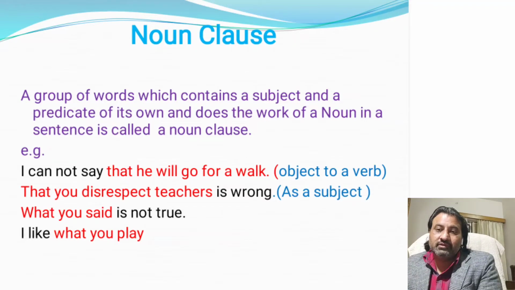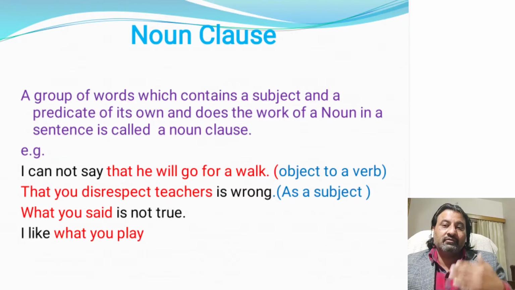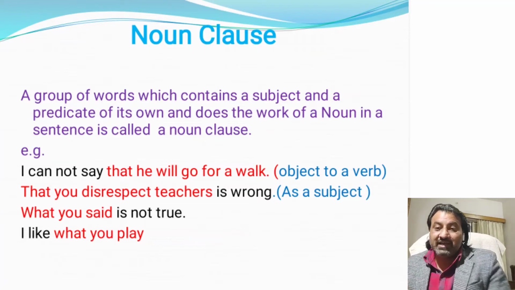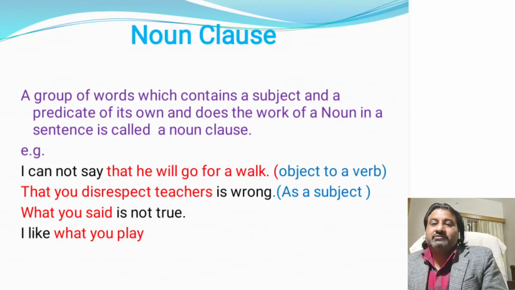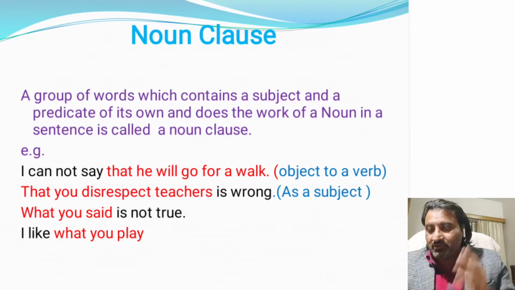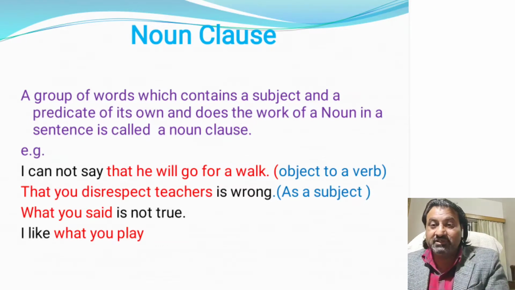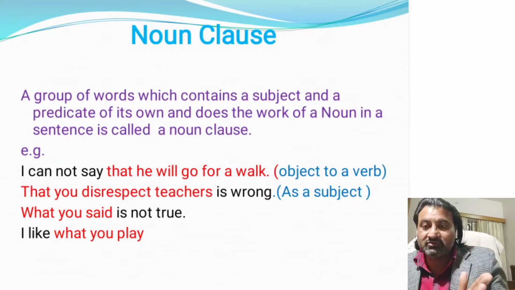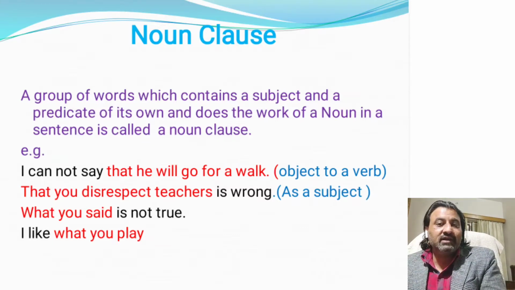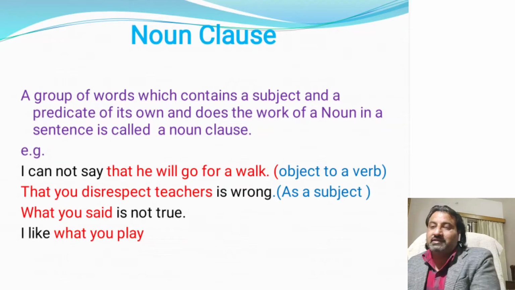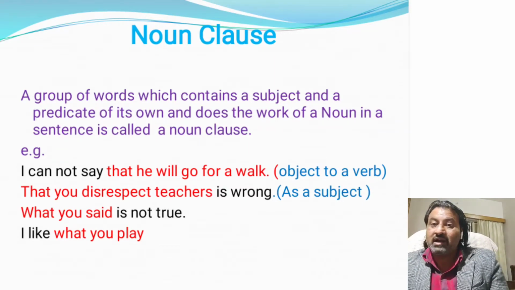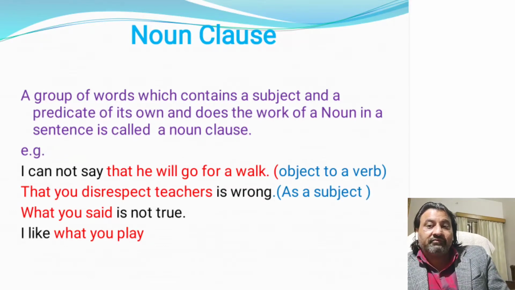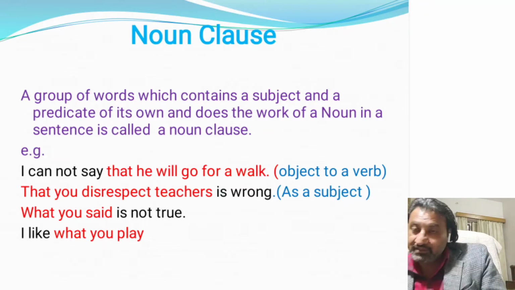If you want to know whether it is doing the work of a noun, an adjective, or an adverb, you can replace it just to know which type of action it is doing here. So you can replace the entire clause by a noun or pronoun. I can't say it. I can't say this. So it means that "he will go for a walk" is a noun clause.